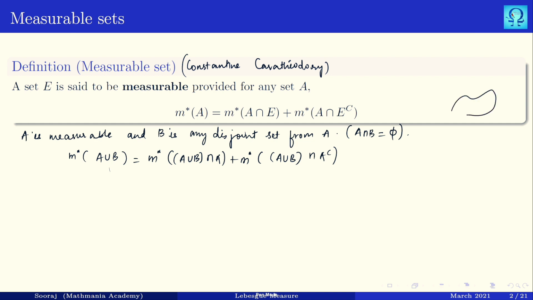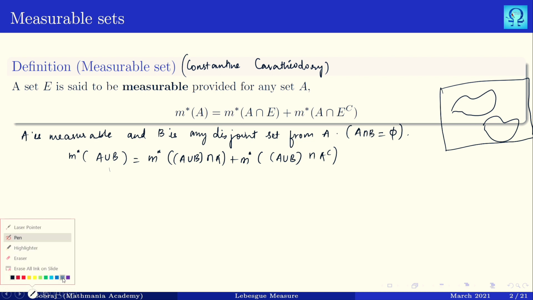Now consider A and B, which are disjoint. You can see A union B as this shaded region.